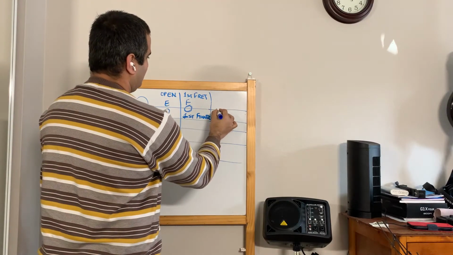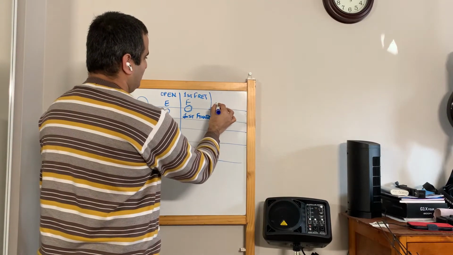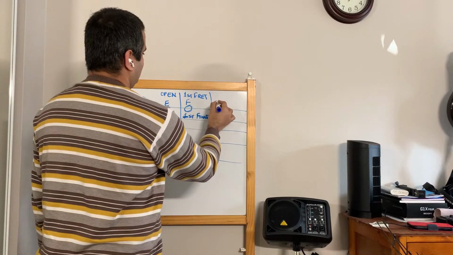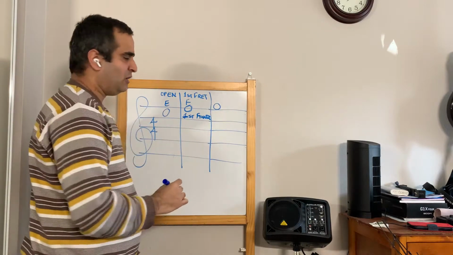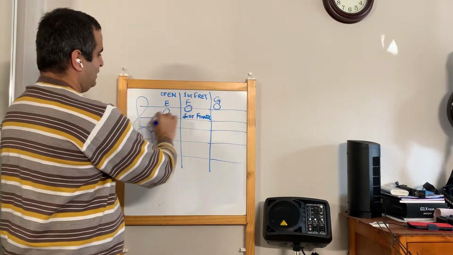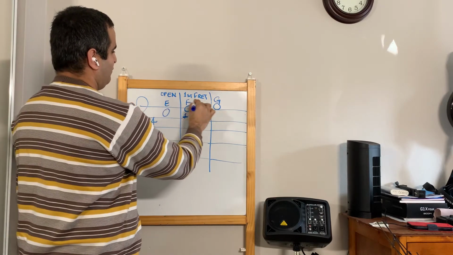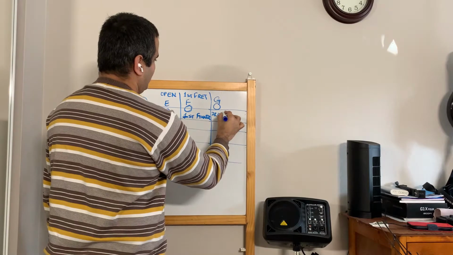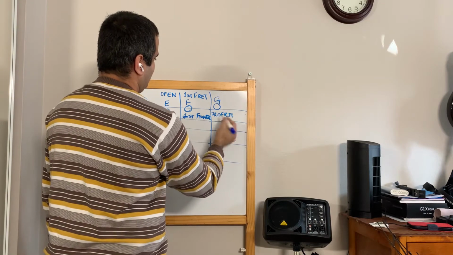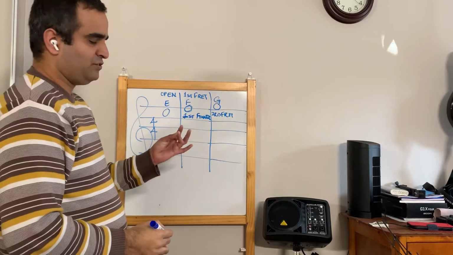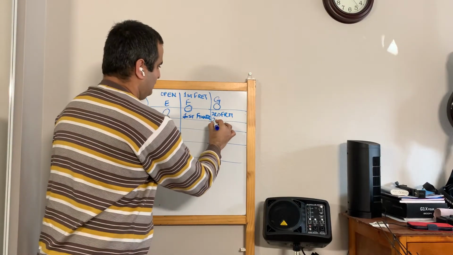It is written just above the 5th line, like this. What will this be called? This will be called G. If you look, we are going in ascending order: E, F, and G, and this is my third fret. And which finger am I going to use? I'm going to use my third finger, which is my ring finger.